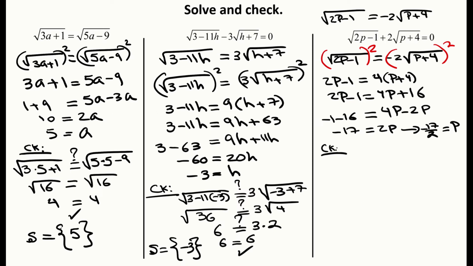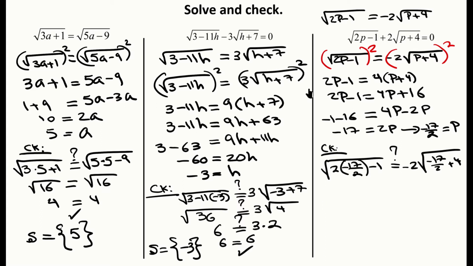So now we go ahead and check, is basically what we mean. We plug in, so we get square root of 2 times -17 over 2 minus 1. We're trying to see if that's equal to -2 times the square root of -17 over 2 plus 4.